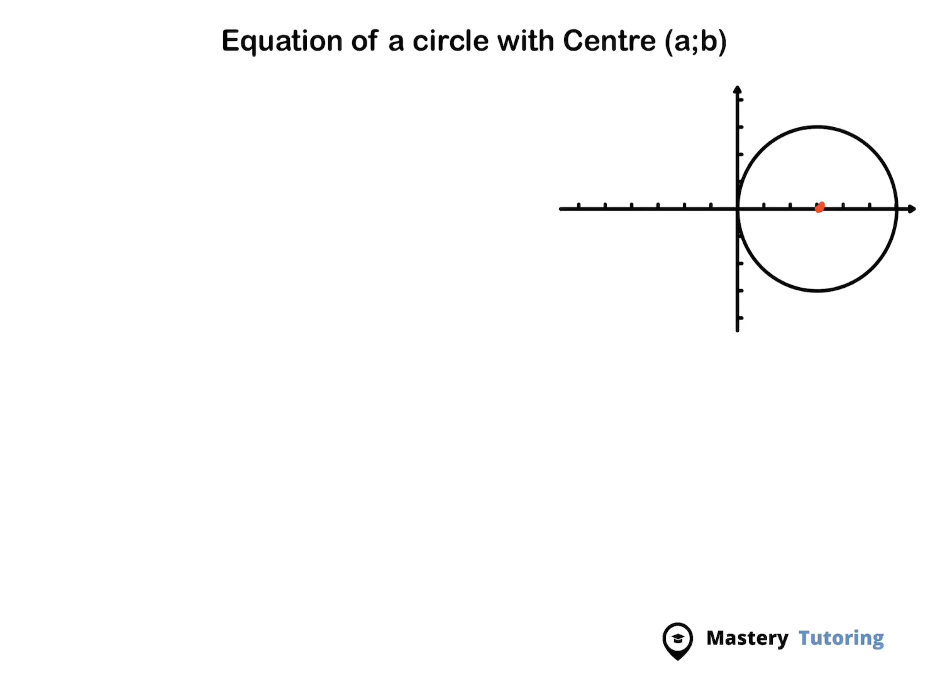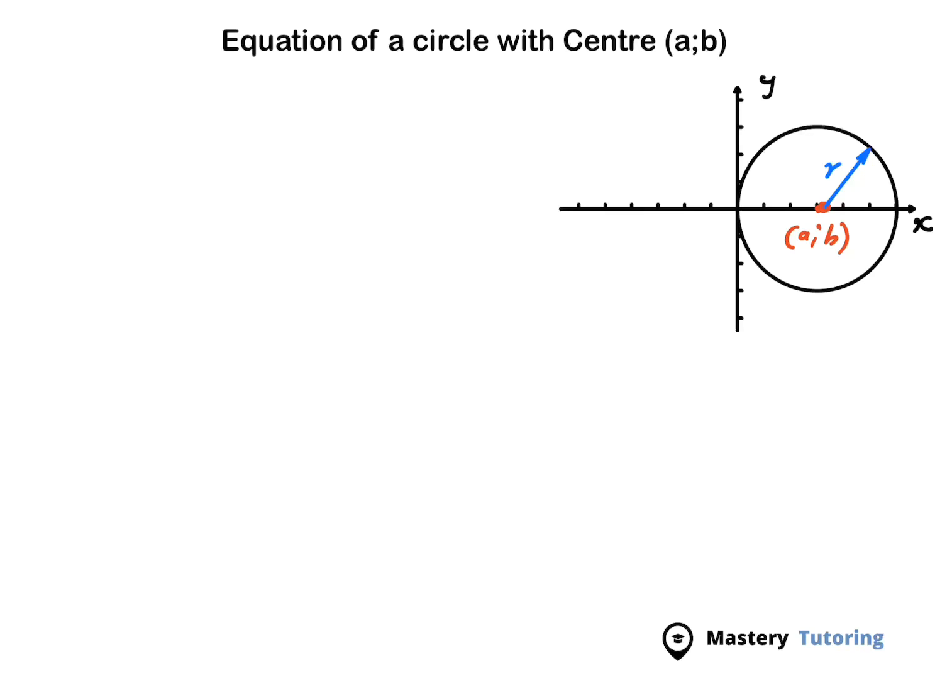Suppose this is the center there, and this center is going to be A and B. And then let me indicate the radius. That's going to be our radius there, and we put an R to show that this is our radius. So let's say we have a circle similar to that one, and this is the y-axis and this is the x-axis. So now they can ask you to find the equation of a circle in such a case.